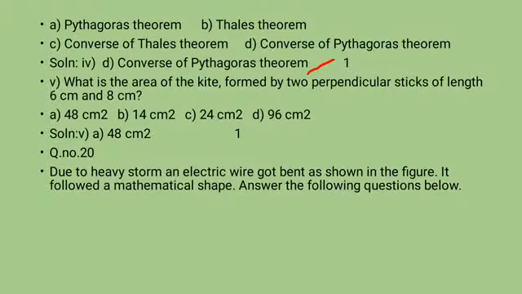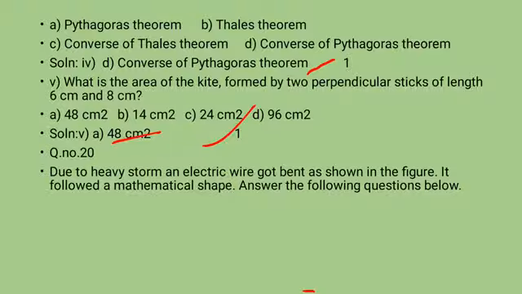What is the area of the kite formed by two perpendicular sticks of length 6 and 8 centimeter? I think here answer is misprint in the sample paper. It is 24 centimeter square by the formula half d1 into d2.